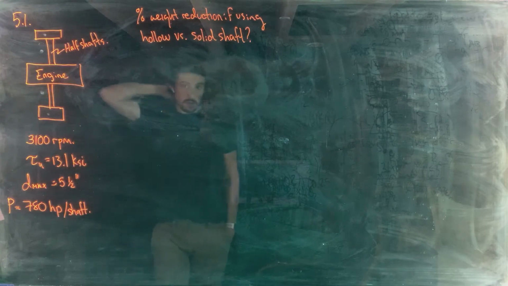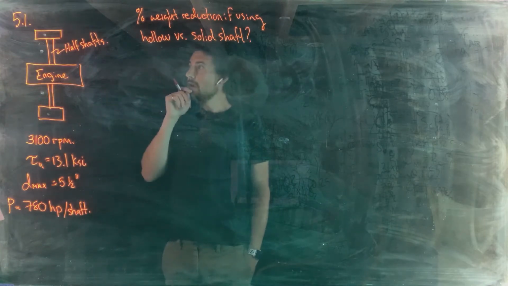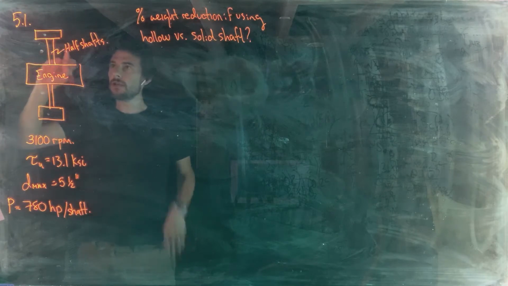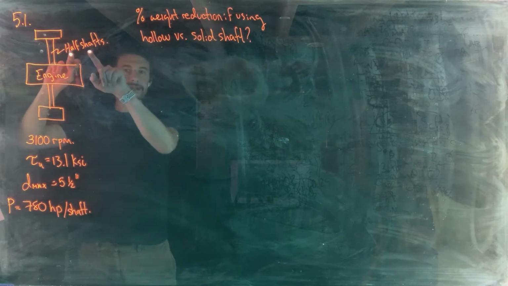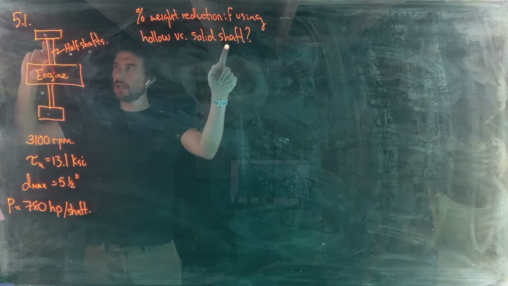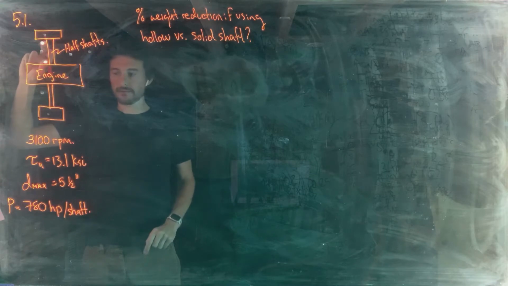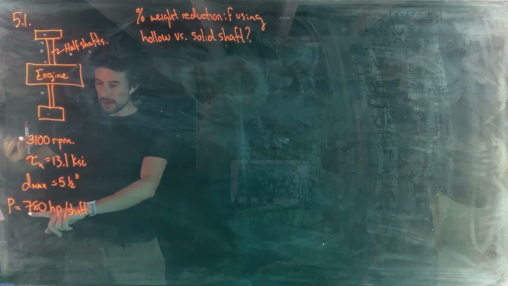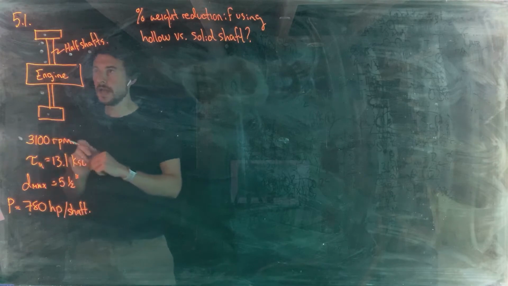Great. All right. So first of all, we're taking this shaft and we want to design a solid shaft that is capable of supporting the internal torque that shaft is going to have to take, given the amount of torque being applied to it, which we can calculate by power equals T omega from these quantities.